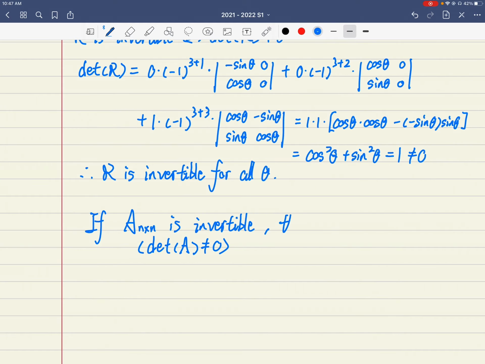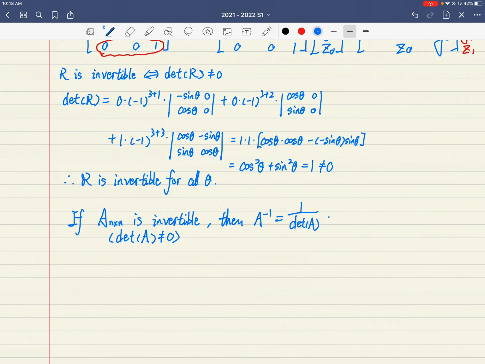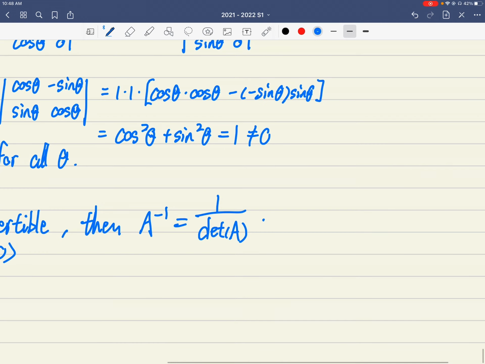Then what is its inverse? We have a formula. The inverse is 1 over the determinant of that matrix times its cofactor matrix transpose, times C transpose. What is C? C is A's cofactor matrix.